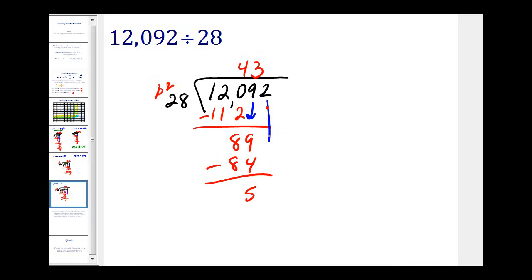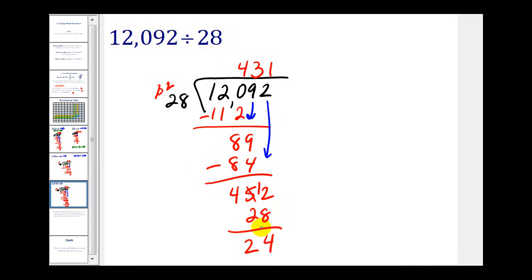Bring down the last digit. So our last question is, how many 28s are there in 52? Let's try 1. 1 times 28 would be 28. We have to borrow here. 12 minus 8 would be 4. 4 minus 2 is 2. 24 is less than 28, so this 1 is correct.